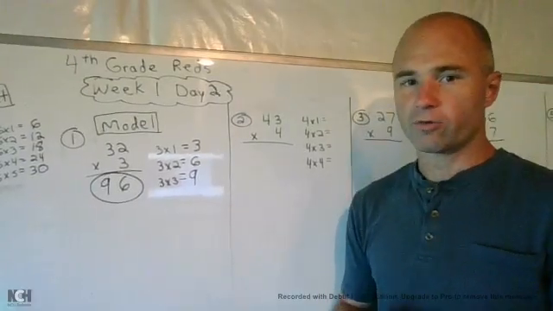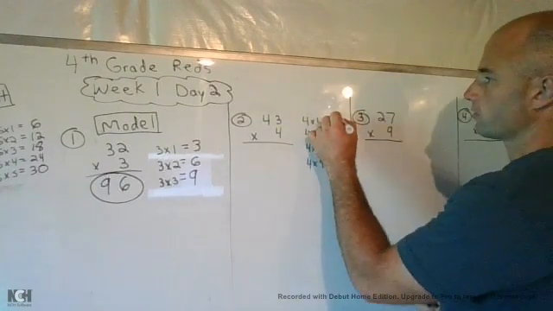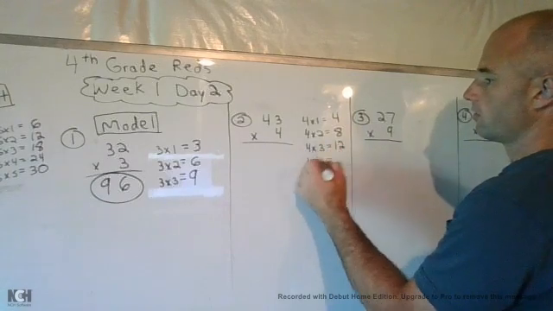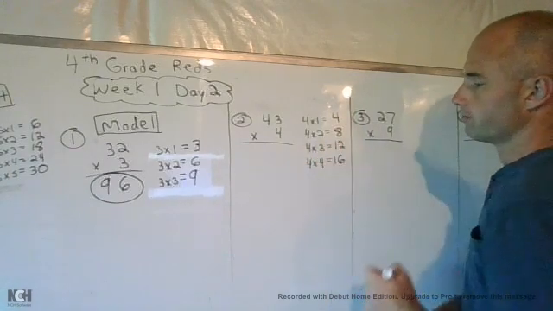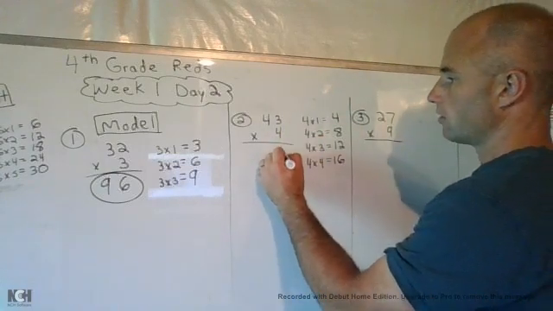So I wrote out my 4 times tables, all the way up to 4 times 4. 4 times 1 equals 4, 4 times 2 equals 8, 4 times 3 equals 12, 4 times 4 equals 16. So for starters, it's 4 times 3, which will give me 12.